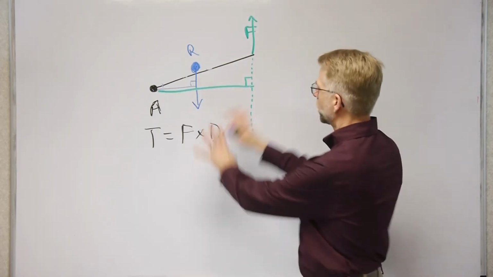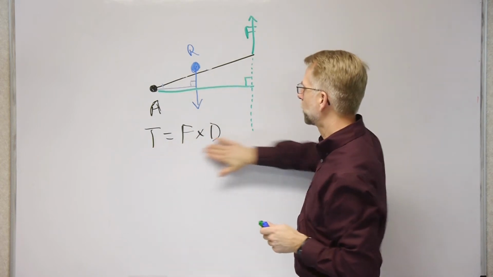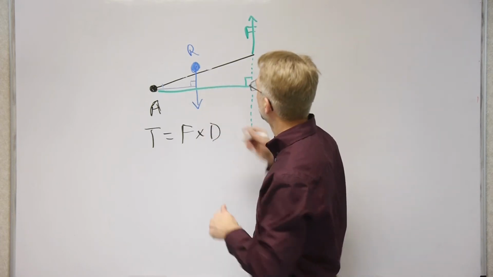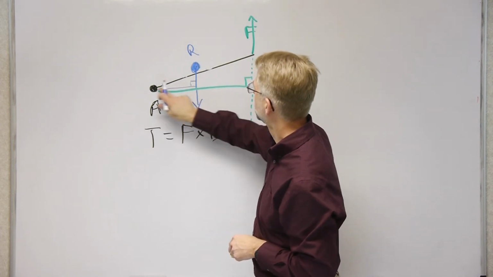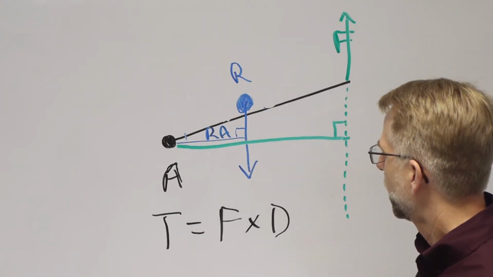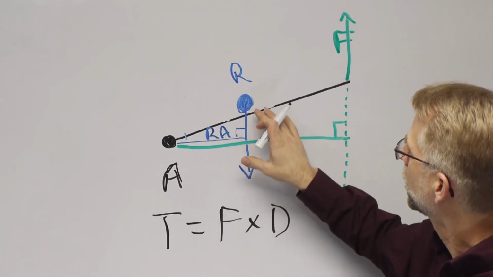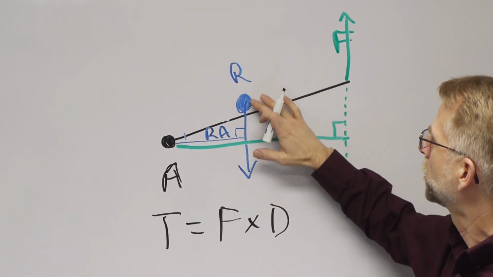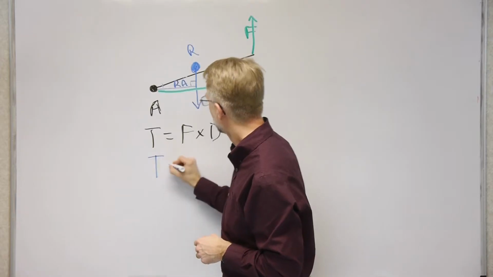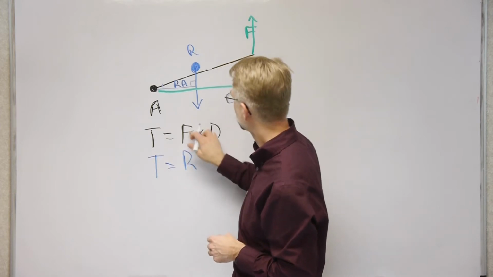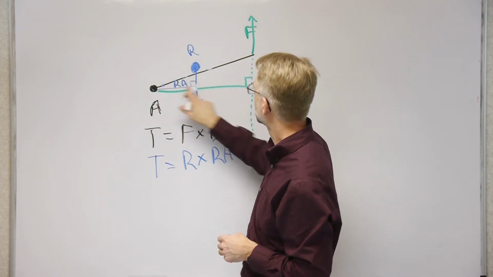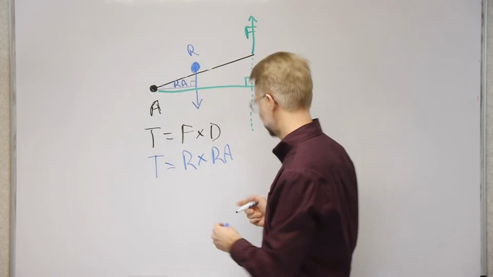So to put this together with our formula, torque equals force times distance. For our resistance, we have this distance here, which is called the resistance arm. So the torque produced by the resistance, that is the weight in our wheelbarrow, is going to equal the resistance, that's the force, times the resistance arm, that is the perpendicular distance from this vector to the axis.